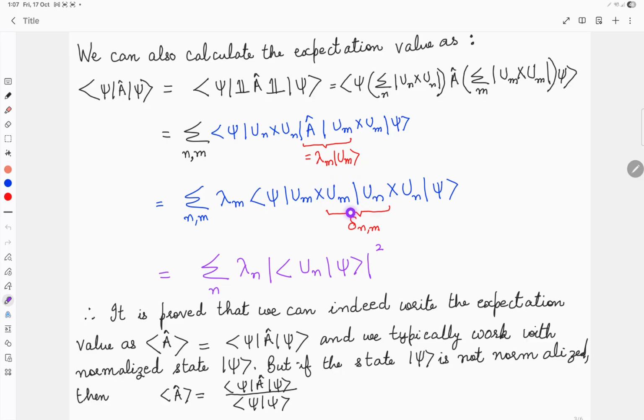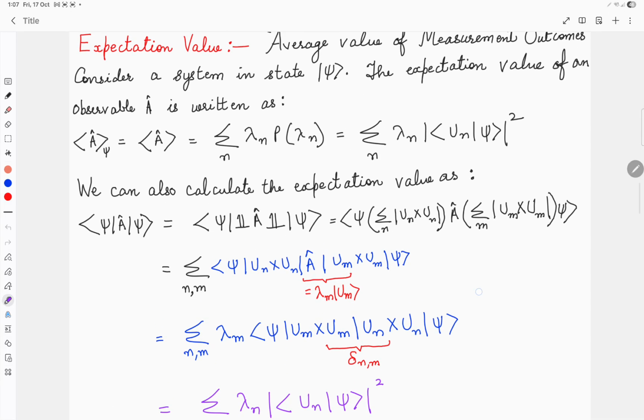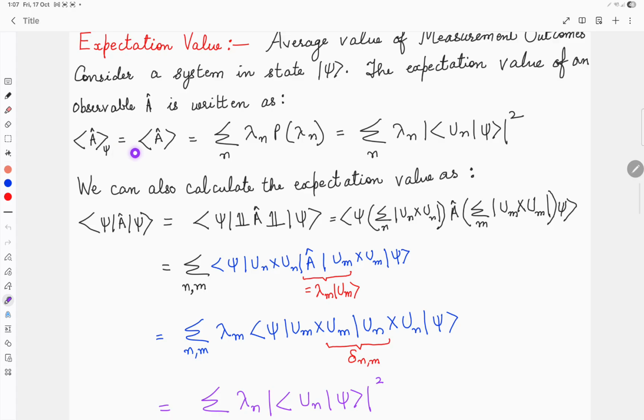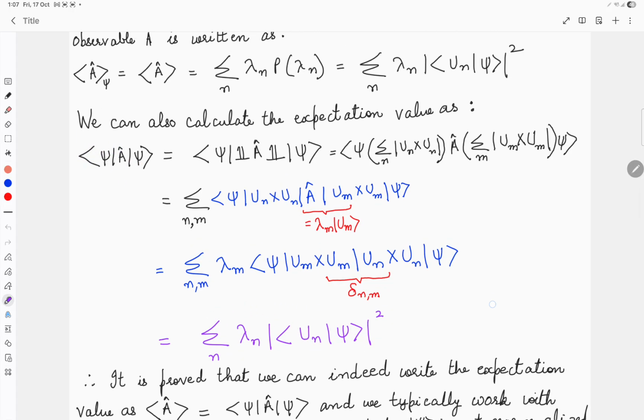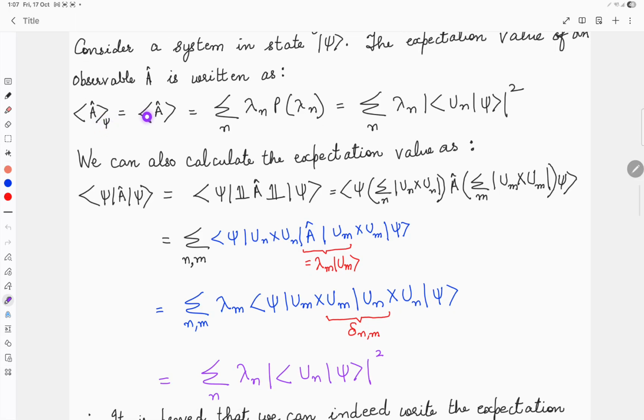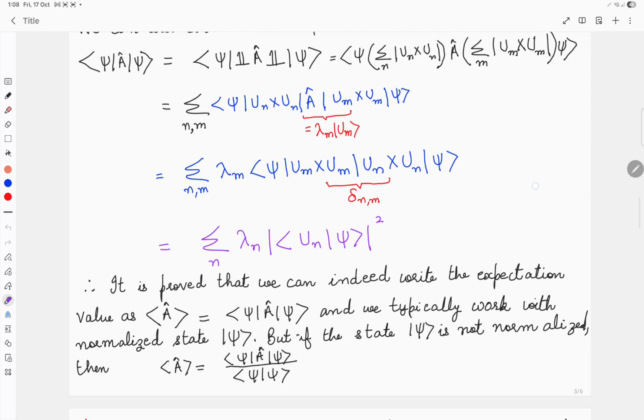In that case, this will become 1, and there are two quantities which can be squared. So this is equal to lambda m times the magnitude squared of psi of um. If you remember, we defined the expectation value to be equal to this, and when we started with this entity, we got the same expectation value. So therefore the expectation value of an observable can be defined with this expression or with this expression, right?